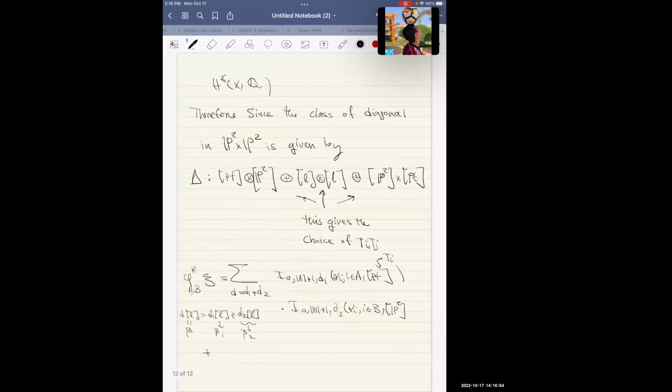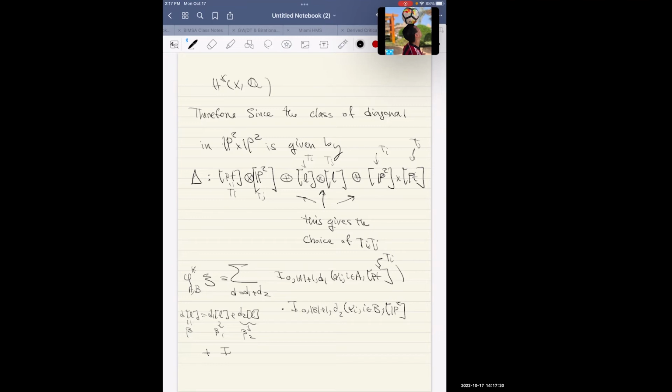The diagonal tells me that once I need to pick Ti to be this one, Tj is the class of P2. Once I need to be taking Ti and Tj both the class of the line. Once I need to be taking Ti the class of P2 and Tj the class of the point. You see? So it's true that we are writing many things, but the calculus is very obvious.